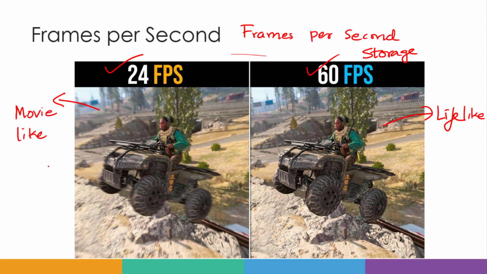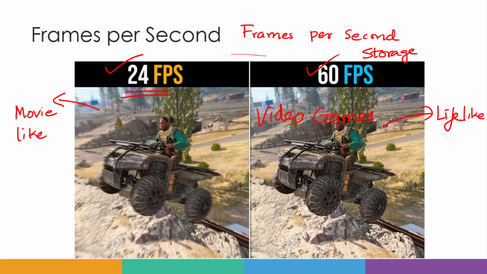Because of this, modern video games are using 60 FPS, and the films or movies which we watch in theaters or on our television or mobile phone are using 24 frames per second.